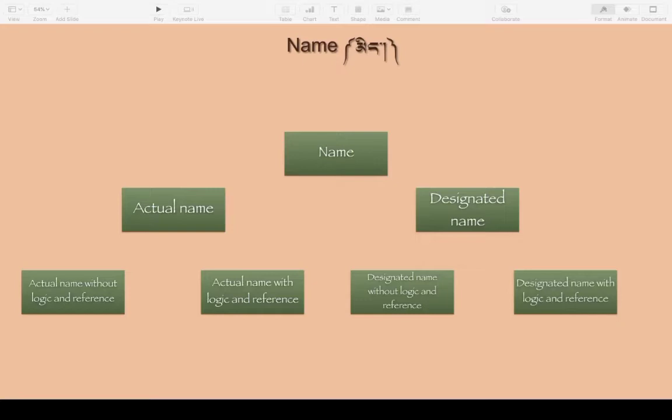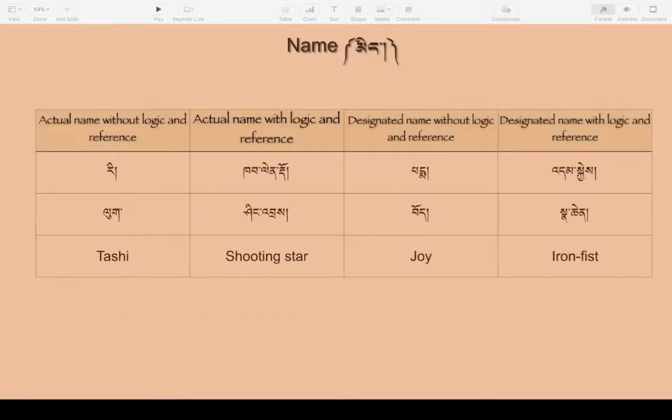The second one is actual name with logic and reference. Now in Tibetan, let's say we have a name here as I have written, Kablento. So this is an actual name with logic and reference.